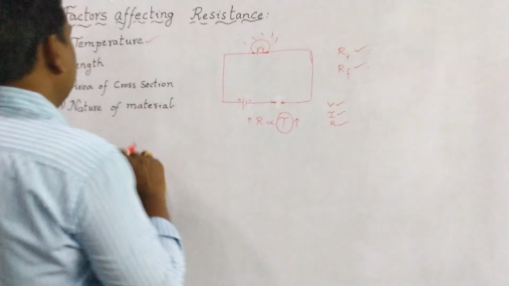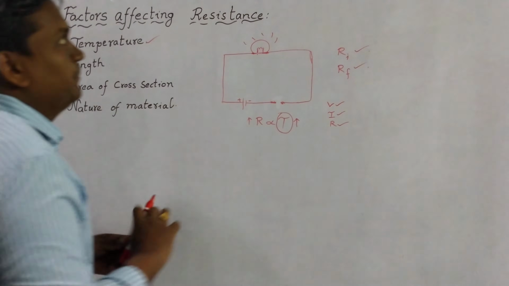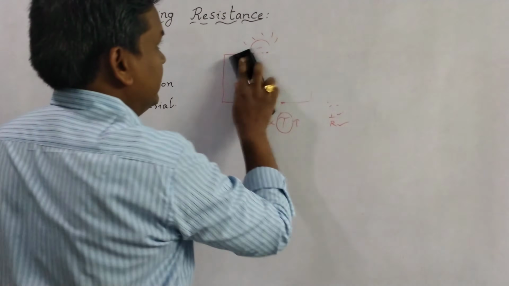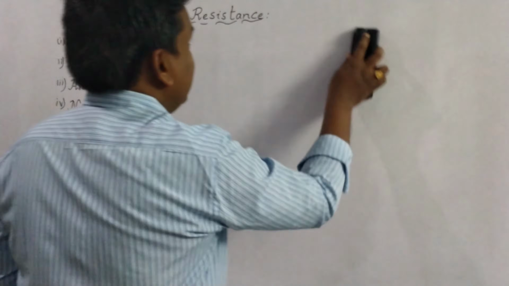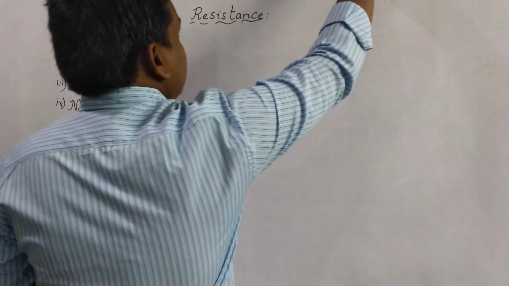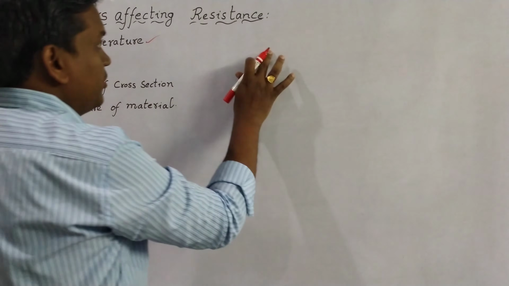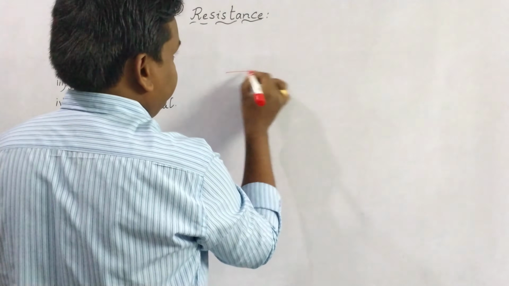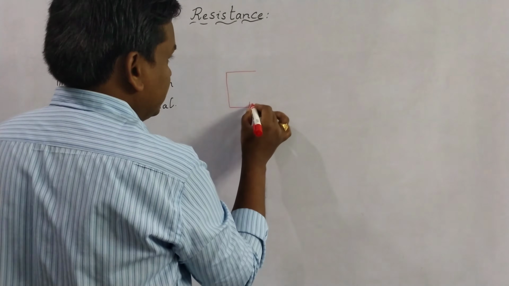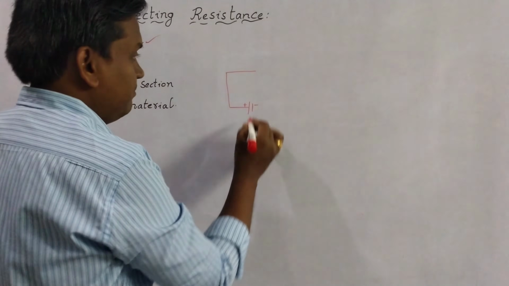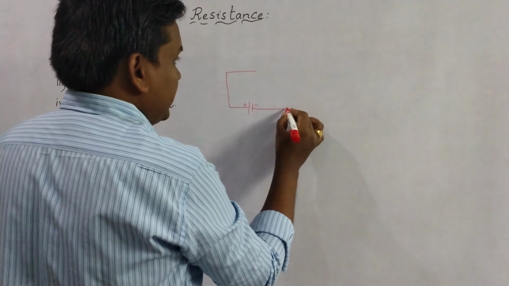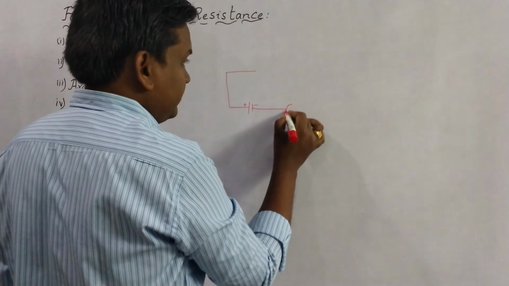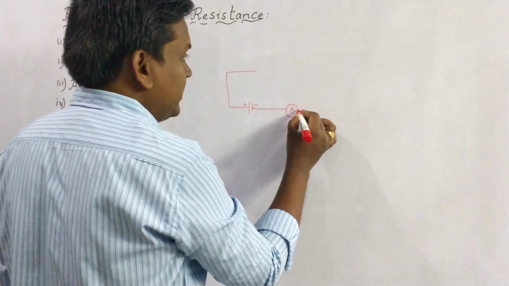Next, let us see length. For length, we will consider a simple circuit again, which has a cell. This time we will place an ammeter here.